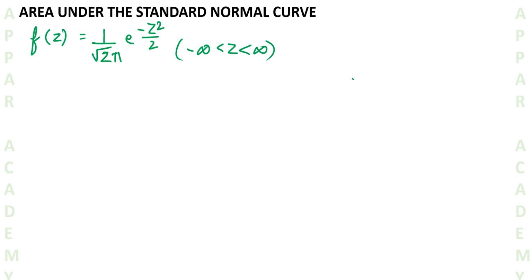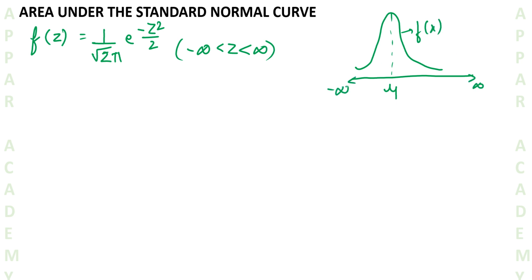Let's first simply sketch out a curve. Any normal curve looks something like this, centered around its mean mu and symmetric around its mean. This represents f of x, this is infinity, and this is minus infinity.